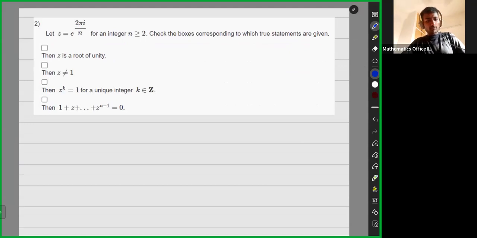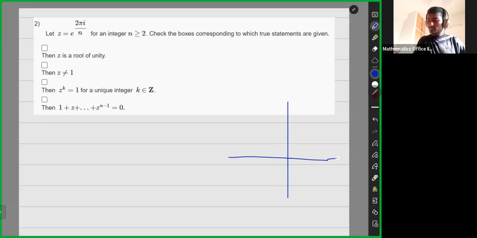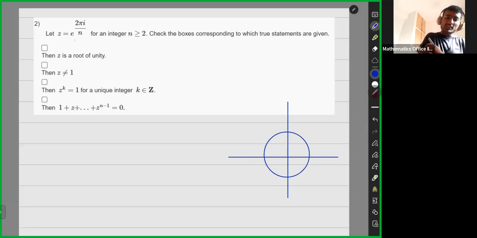Z is equal to e power 2 pi i divided by n, and n is bigger than or equal to 2. So first of all, we draw the unit circle so that we know all these values e power i theta belong to S1 for every real theta.